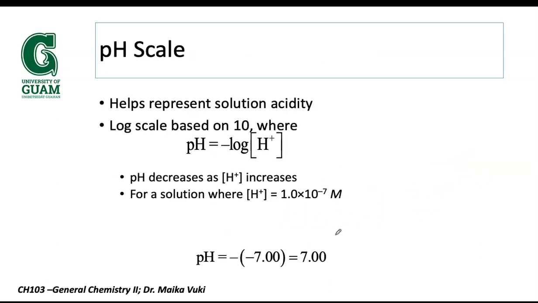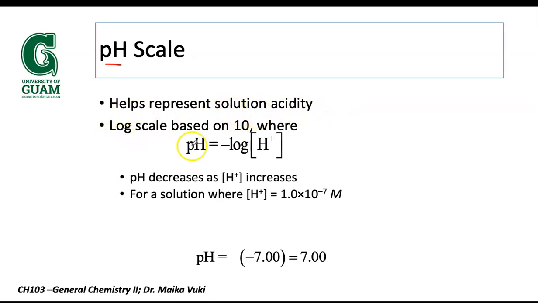Okay, how do we measure the acidity? It is measured by the pH scale, and pH is essentially related to the potential of hydrogen ion. That's what P and H represent, potential and hydrogen ions. So it represents the acidity of the solution.